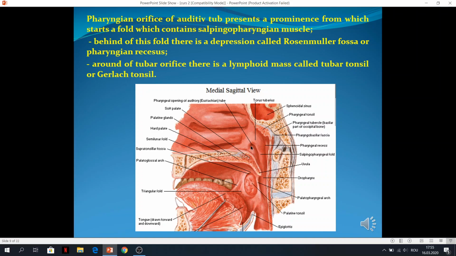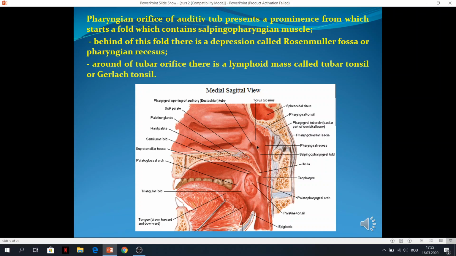It's important that this orifice is encircled here by a prominence. You can see this prominence. Right here starts a muscle. The name of the muscle is salpingopharyngeal, salpingo because of the auditive tube. If we go more backward, behind this prominence, right here there is a depression this time.